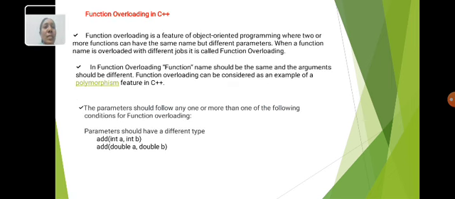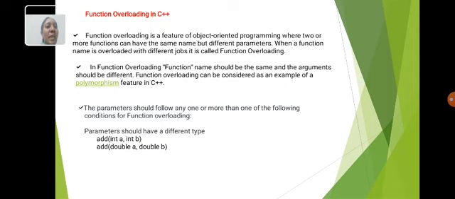Function overloading in C++. Function overloading is a feature of object-oriented programming where two or more functions can have the same name but different parameters. When a function name is overloaded with different jobs, it is called function overloading. In function overloading, the function name should be the same and the arguments should be different.